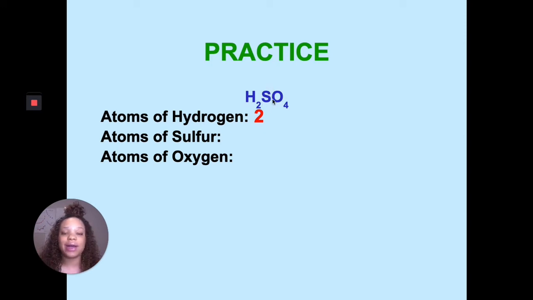It's by itself within the chemical compound. It does not have a subscript. Remember, this 2 belongs to the H. S, or sulfur, does not have a number, so we want to look at it really closely. There's nothing to multiply. We only have 1. Then we're looking at oxygen. If you look very closely, we have a subscript here of 4, so you know we have 4 oxygen.